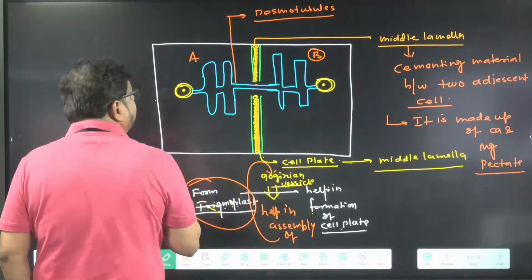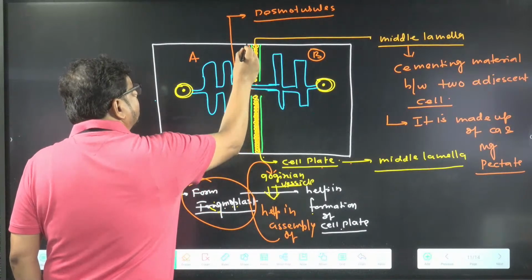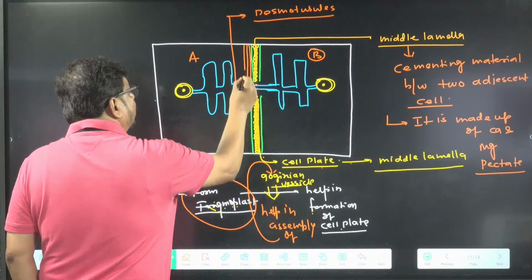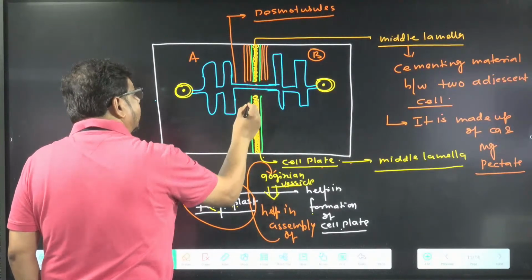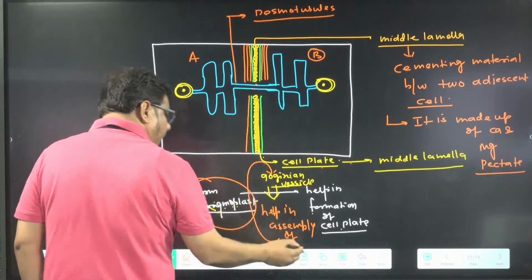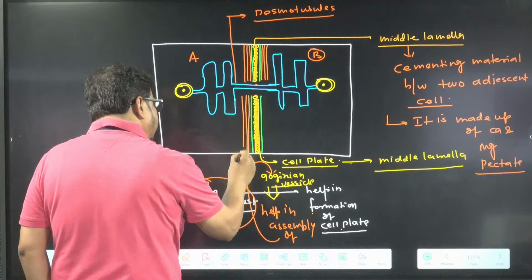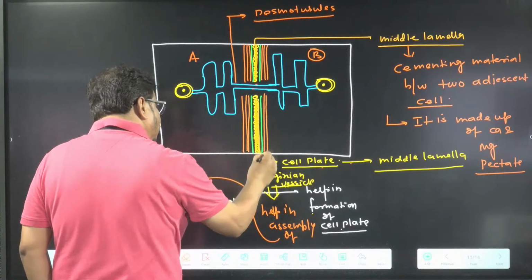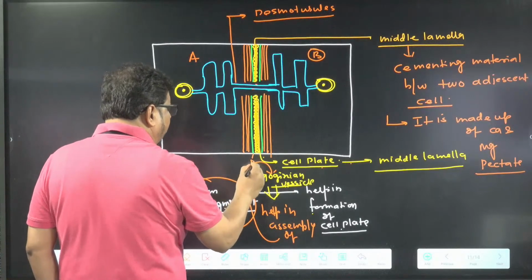Later on, when the cell matures, three layers of secondary cell wall form: S1, S2, S3. Getting the thing? So I am writing here primary wall.